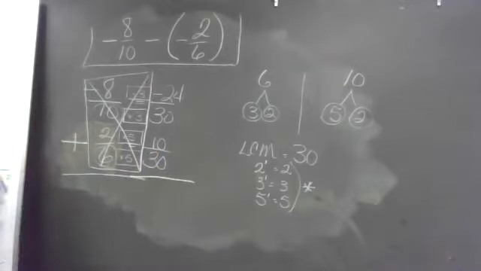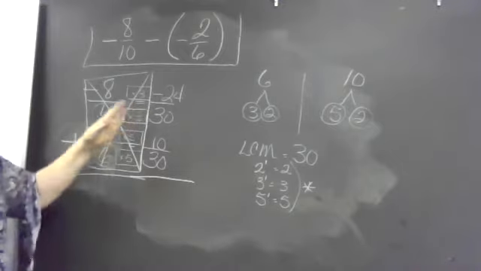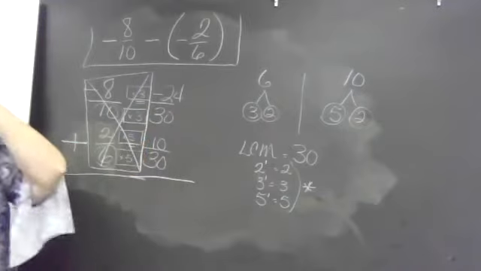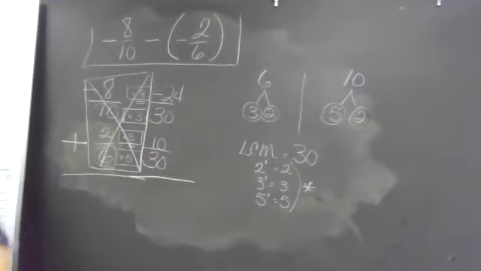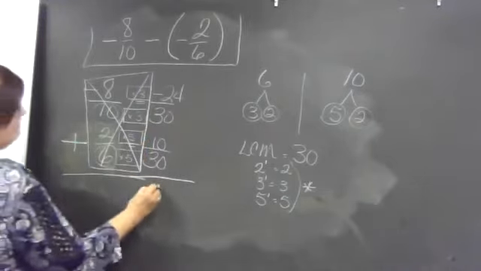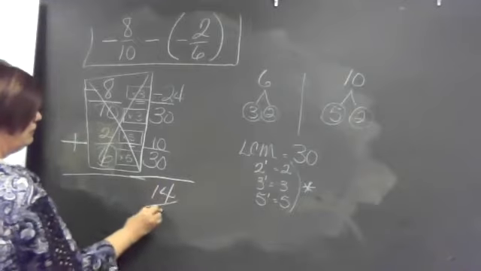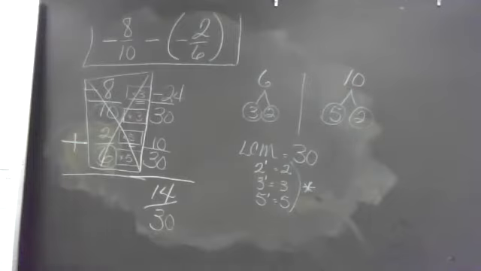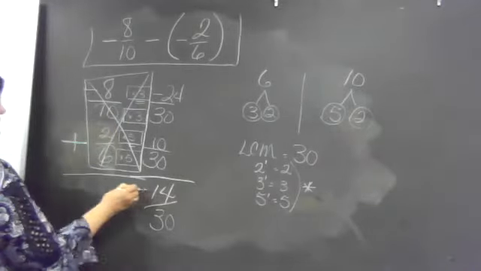If I'm adding opposite signs, I think subtract, so it's 14, right? So I have 14 over 30, but then be careful, you give it the sign of the largest number, the sign of the largest looking number. So the answer is going to be negative.